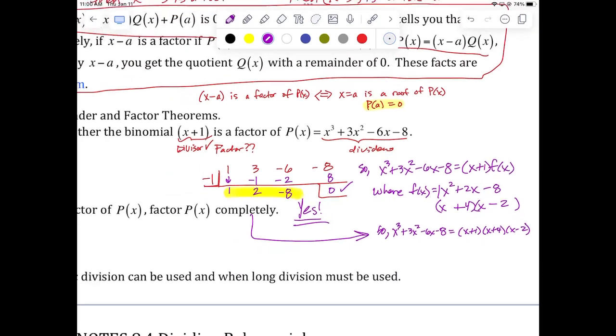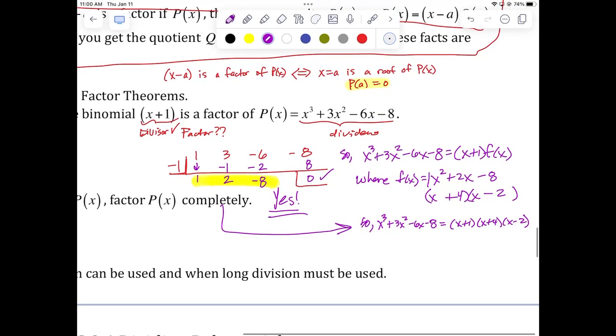Yes, it is a factor. Therefore, we can factor that as x plus 1 times the quotient, which is the coefficients there, 1x squared plus 2x minus 8. And once we get to that quadratic trinomial, that's the quotient, we can factor that by just double bubbling it. Okay, and we take that with the other factor of x plus 1 to get all three of your linear factors.